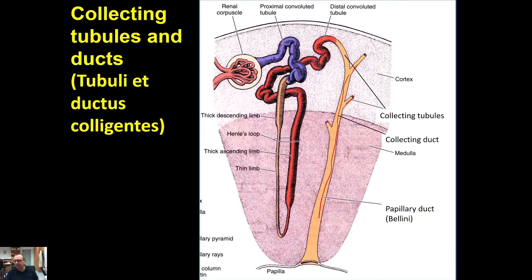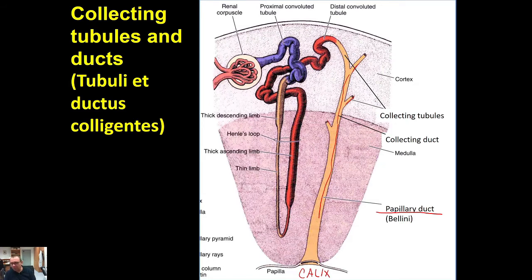So the biggest collecting ducts can measure 200 micrometers in diameter, and then they are called papillary ducts of Bellini, and they are going to the renal calyx. Here down is the tip of the renal papilla and renal calyx, minor calyx of course.